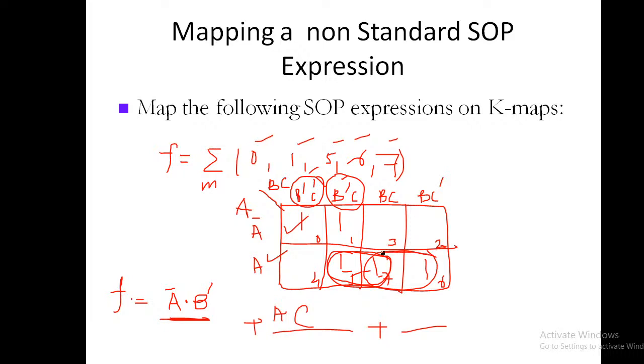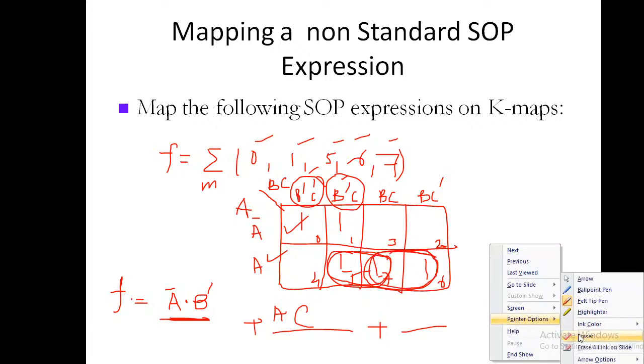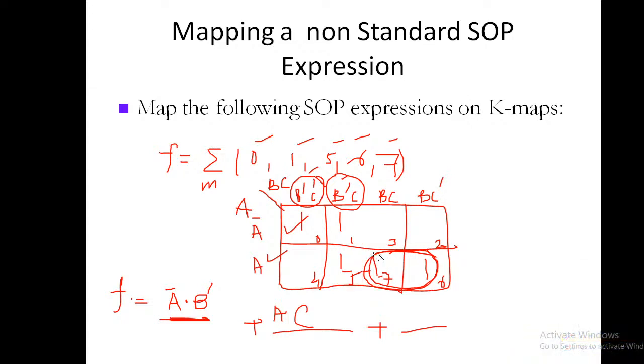Now see this pair. What is the common term? I am just erasing. You people will get confused. I am erasing this pair. Okay, so if you see this pair, what is the common term between these 2 horizontally? A. And what is the common vertical term?